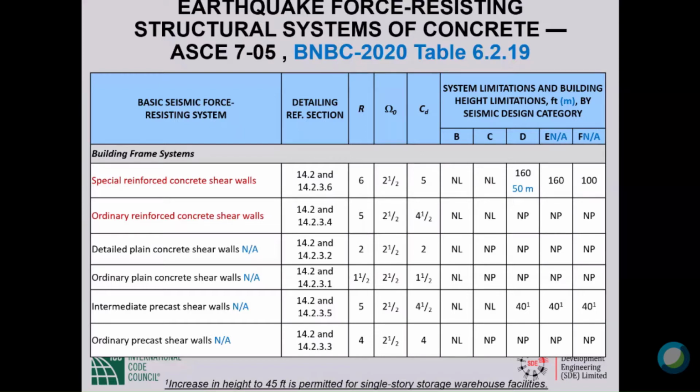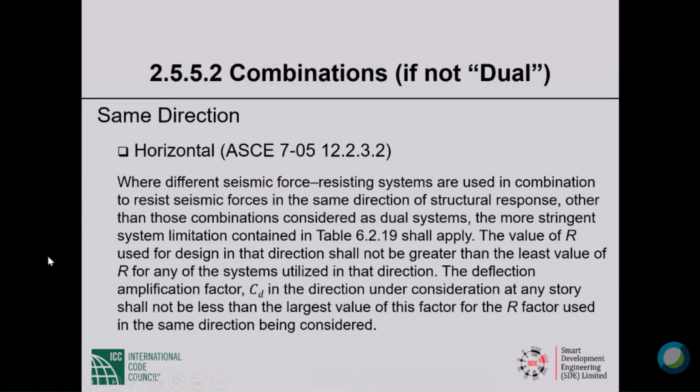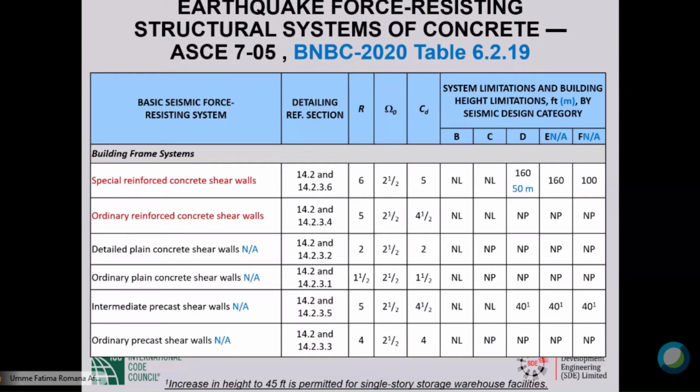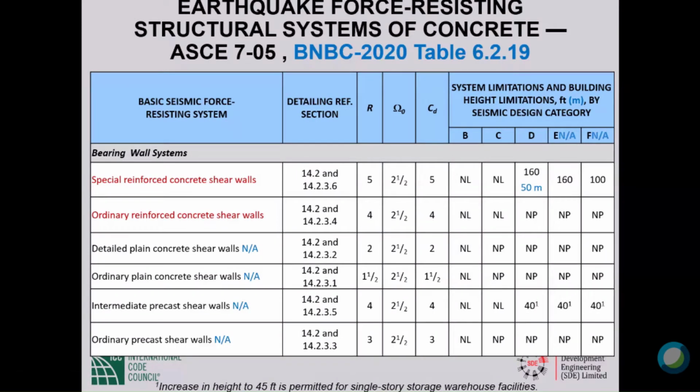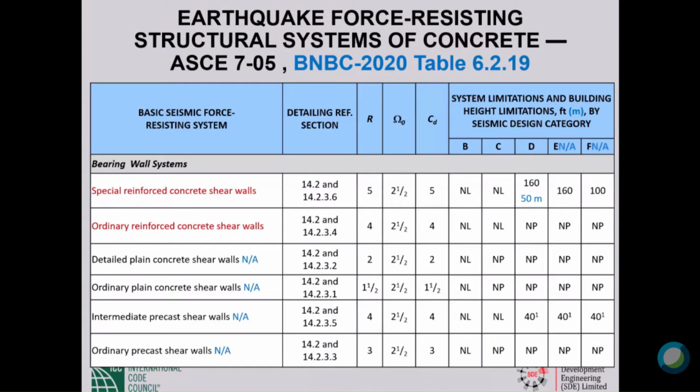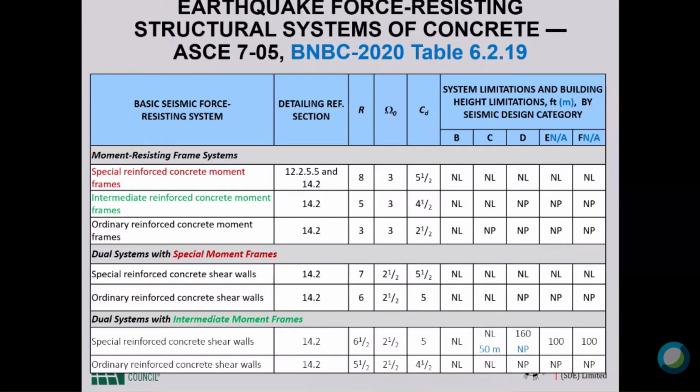The height limits typically apply to the high seismic design categories D, E, and F. Obviously, you do not have E and F, so your concern is only design category D. So for design category D, you do have height limits in table 6.2.19 that you have to deal with. NL is no limit, NP is not permitted, and when you have a number, that is the height limit on the structural system.